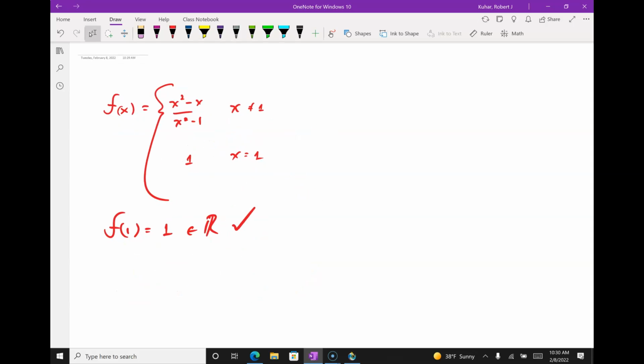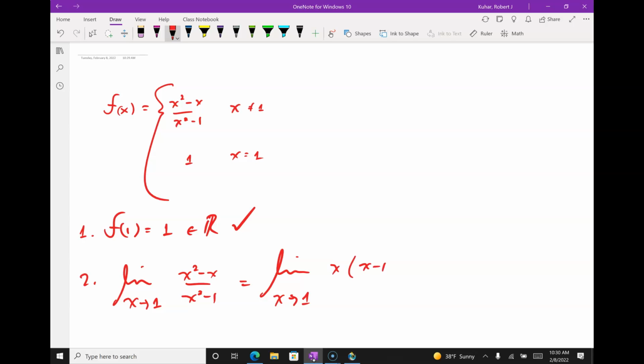Right? Now I have to look at the limit. So that's step 1, right? I want to look at the limit as x goes to 1 of x squared minus x over x squared minus 1. This one is easy enough for me to not care too much about doing my replacement function. I can do it pretty quick, right? Yes?